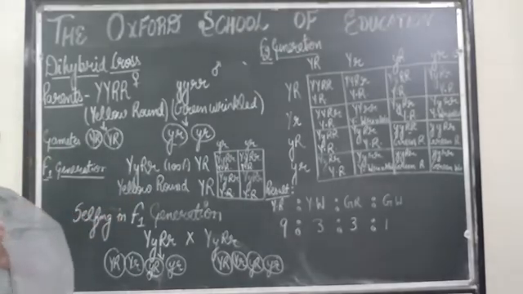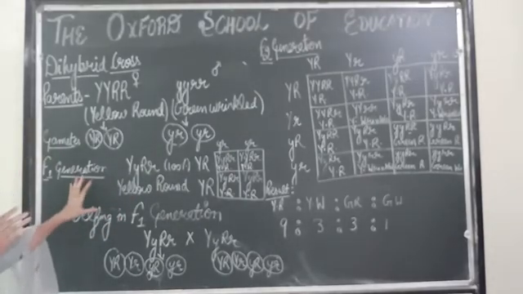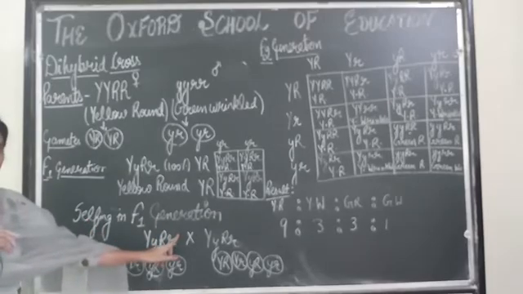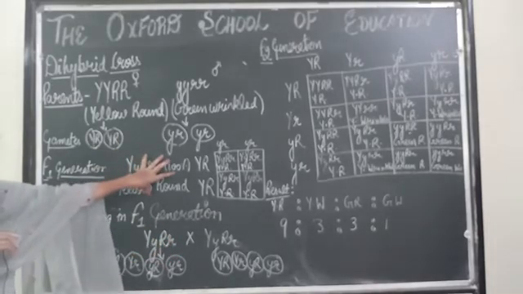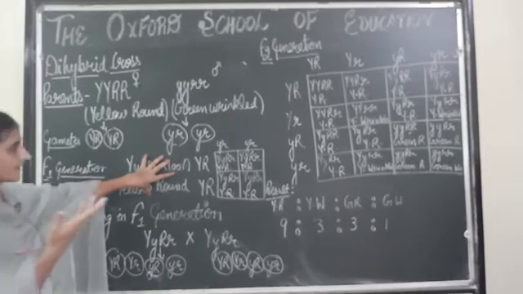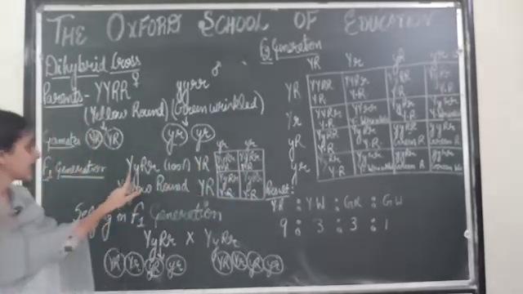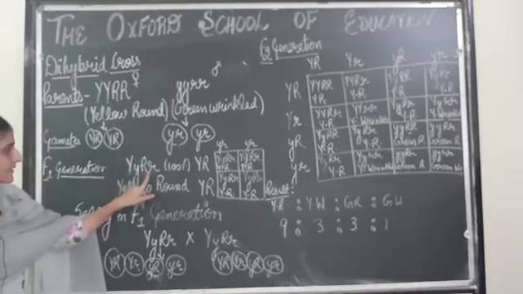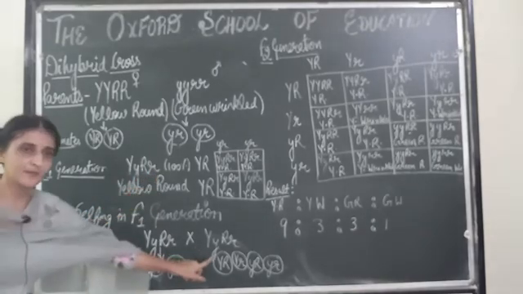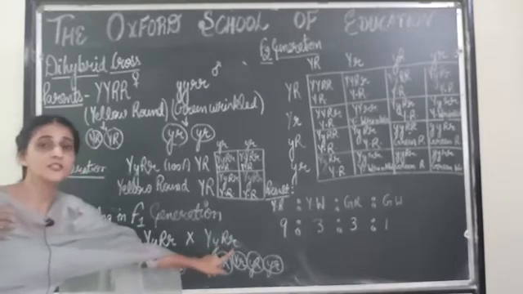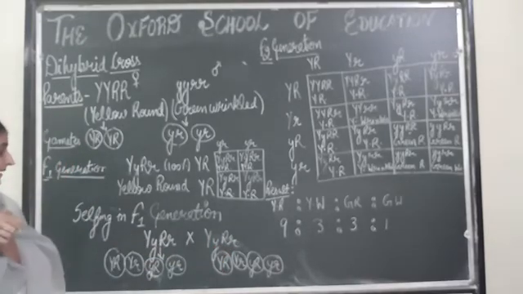So let's move further. In case we perform selfing in the first generation, suppose this plant gets pollinated with another plant of the same type, that is capital Y, capital R, small r, with the same plant, capital Y, capital R, small r. So what will be the gametes?